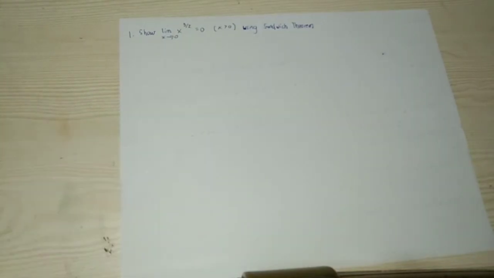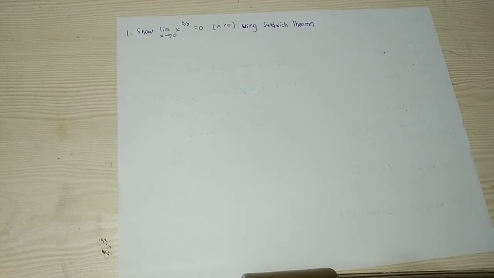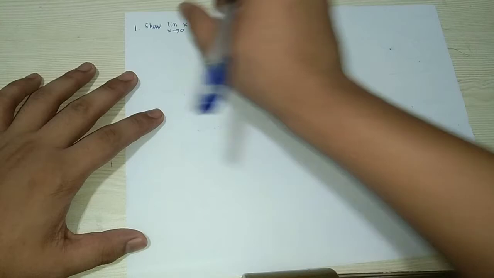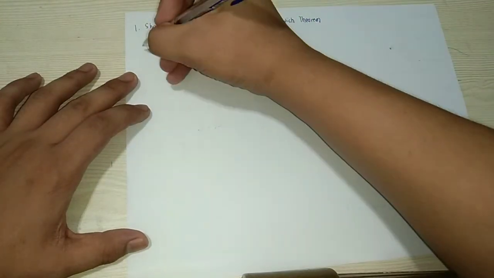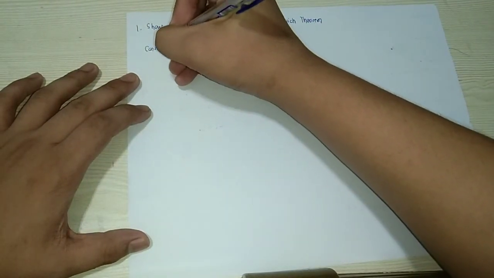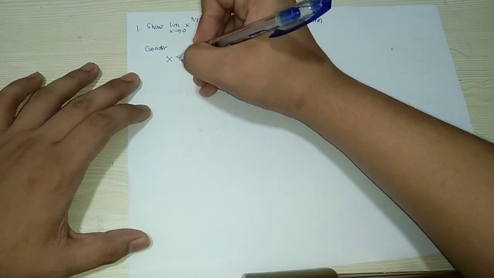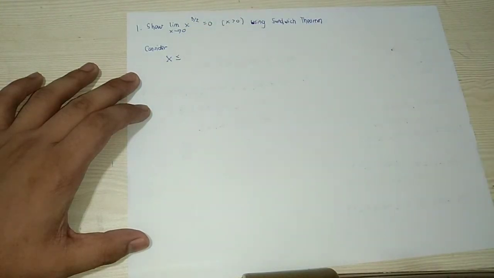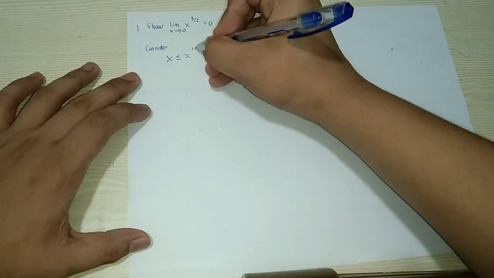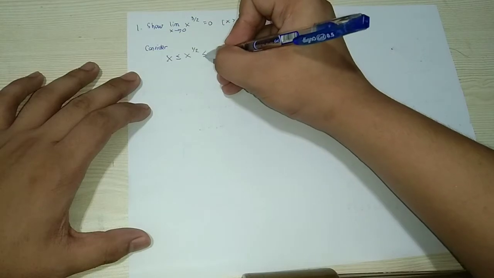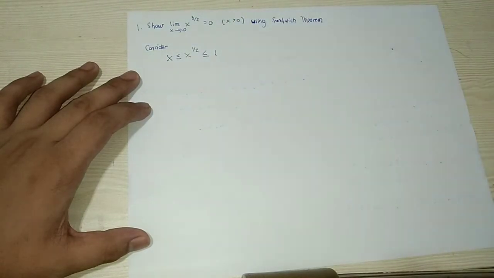Okay? So now let's show this limit. So consider x, so that x is always less than or equal to x raised to 1/2, and that is less than or equal to 1.